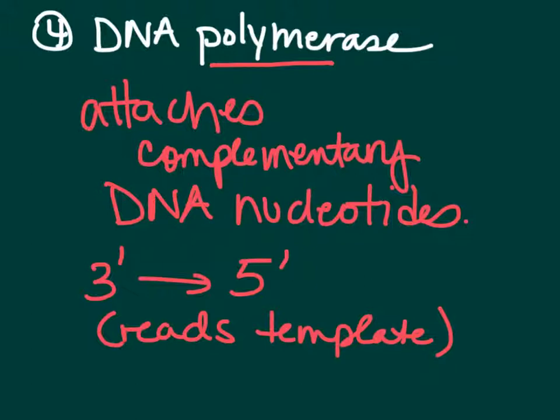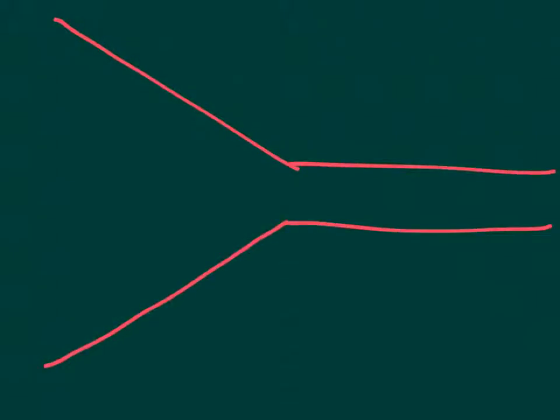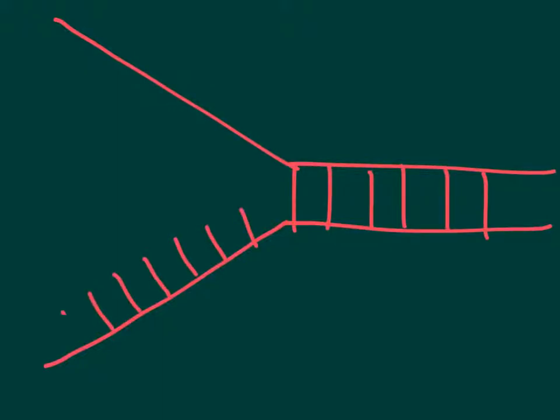Now we'll see how all of these pieces fit together. I'm only going to draw you one replication fork. How many are there at every origin of replication? Excellent. The top strand is 3' to 5'.